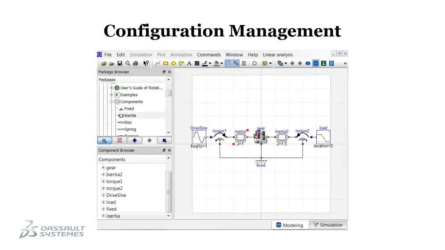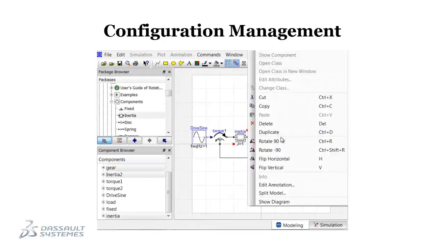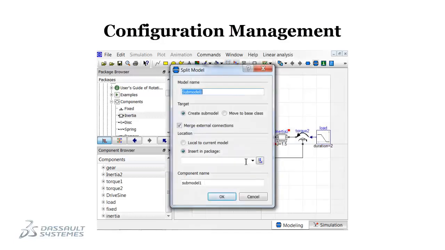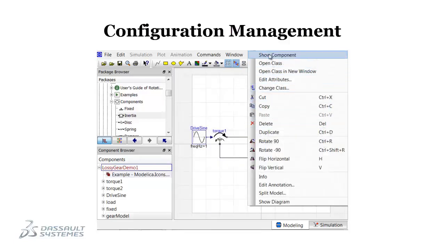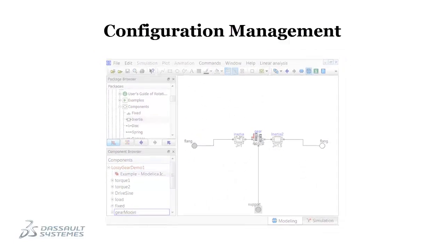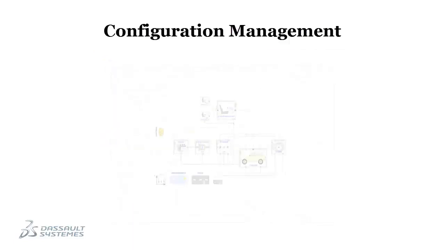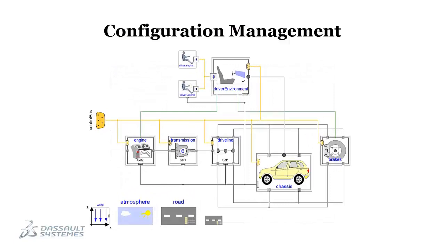Earlier, we saw how Dymola allows users to organize their systems hierarchically into subsystems. Decomposing a system into subsystems doesn't just keep the schematics neat and organized. It actually supports a collaborative workflow and makes configuration management easier. For example, consider an engineering team working on a vehicle model.